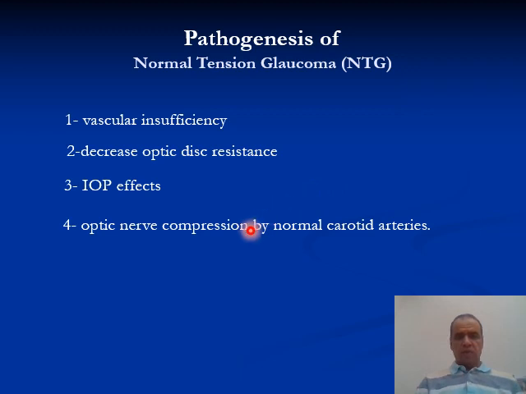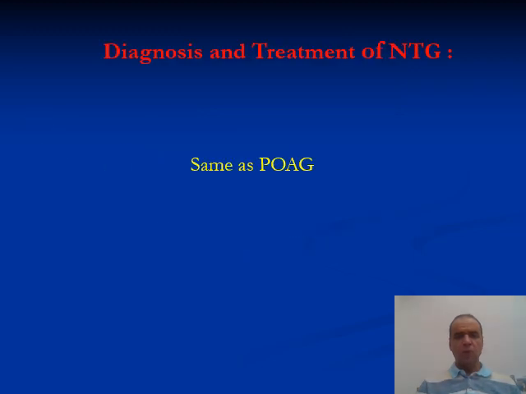Still, there is a theory that there is a compression on the optic nerves by carotid arteries in the roof of the cavernous sinus and middle cranial fossa. We diagnose and treat patients with normal tension glaucoma in a similar way to patients with primary open-angle glaucoma.